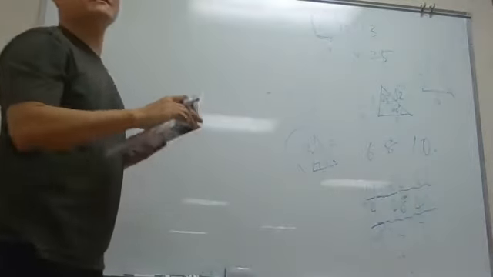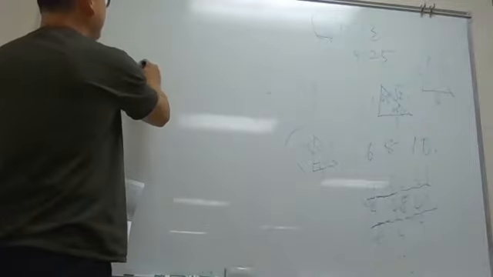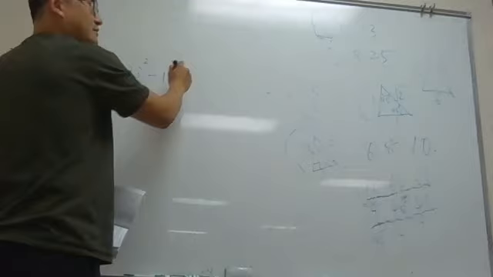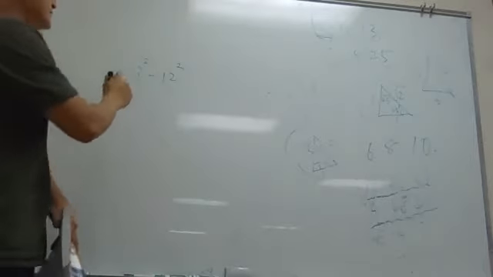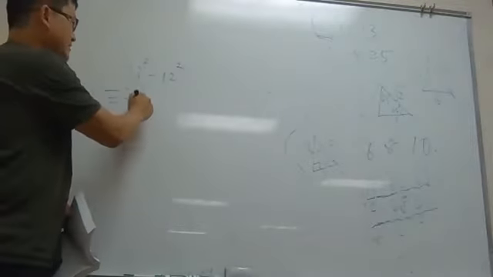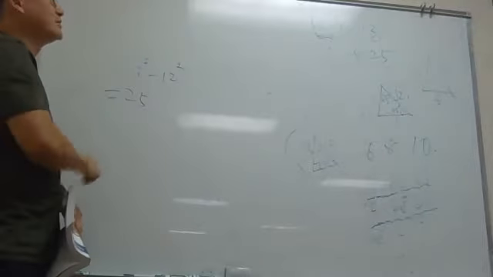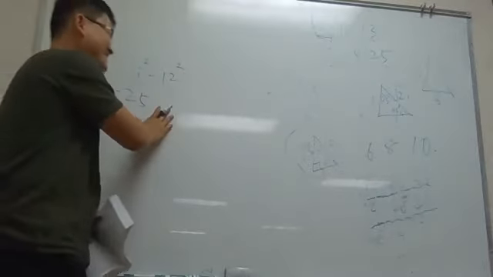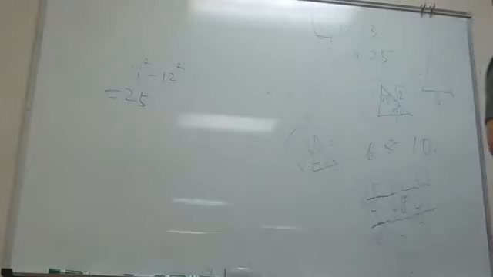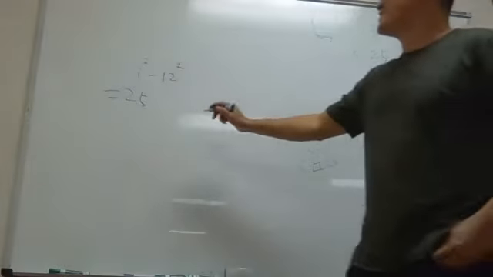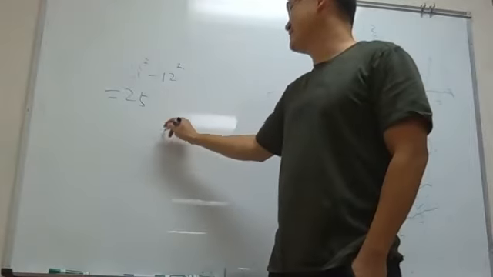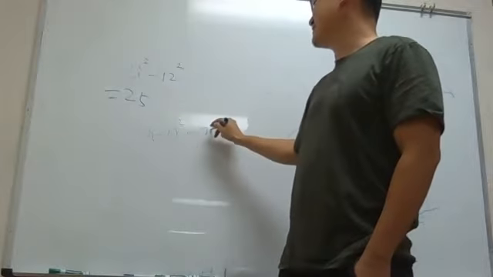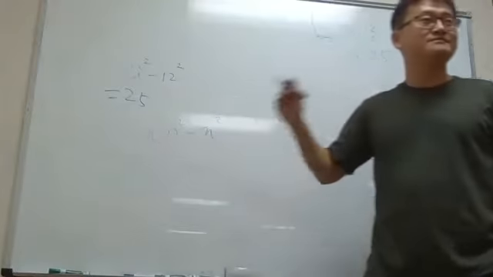For these numbers, they have very good properties. Suppose I ask you, what is 13 squared minus 12 squared? In general, if I ask you what is n plus 1 squared minus n squared, how do you get it quickly?